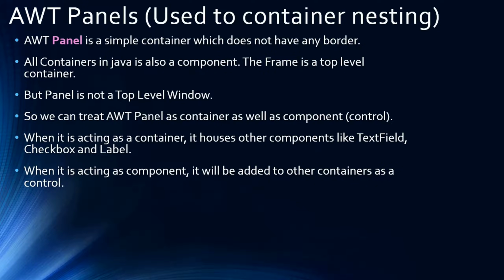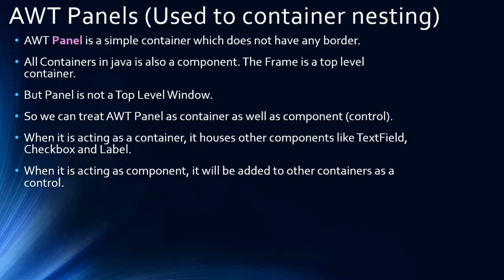But the panel can act as a component also. When it is acting as a component, we can add this panel to another container. So frame is a container. Once you add components to this panel, we can add this panel to a frame window.